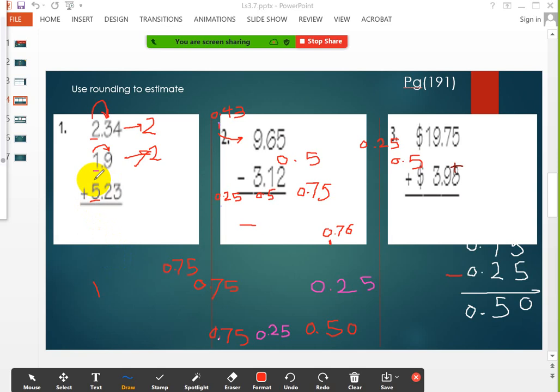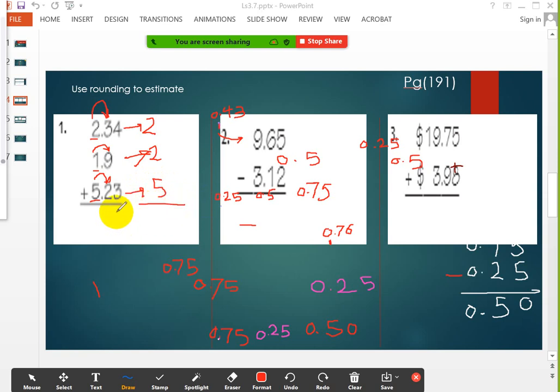Before the 5 I have 2. Girls, just type one time, please. 2 is less than 5, so I will keep the same number, it will be 5, and the digits before it will be 0.